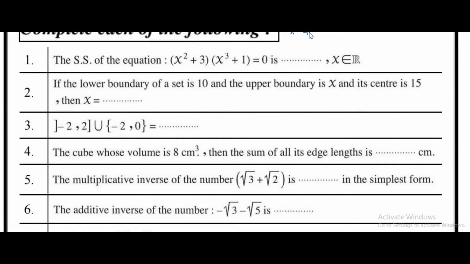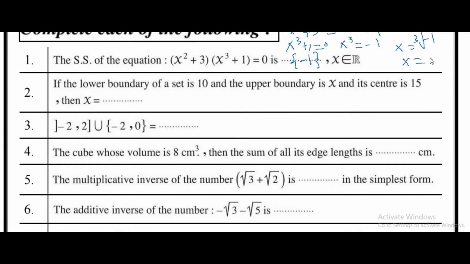Or x power 3 plus 1 equals 0. This works, so x power 3 equals negative 1. Take the cubic root. The cubic root of negative 1 is negative 1, so the solution set is negative 1.